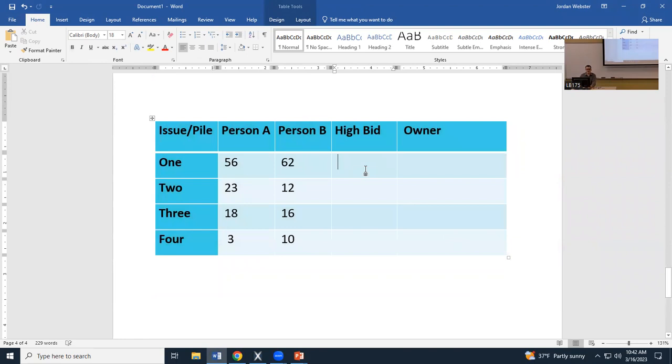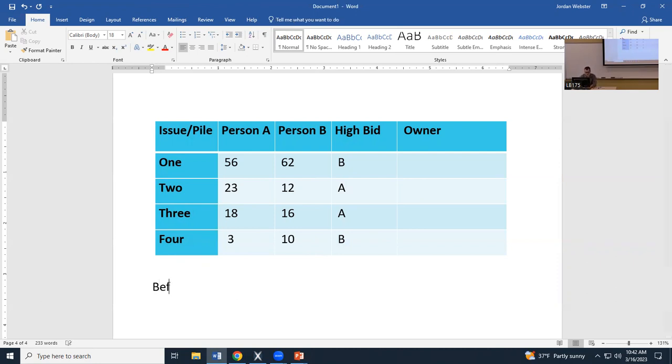I want you to think about how this would go. Issue number 1 or pile of goods number 1 goes to B with the highest bid. A will get issue 2, issue 3, and B will get issue 4.